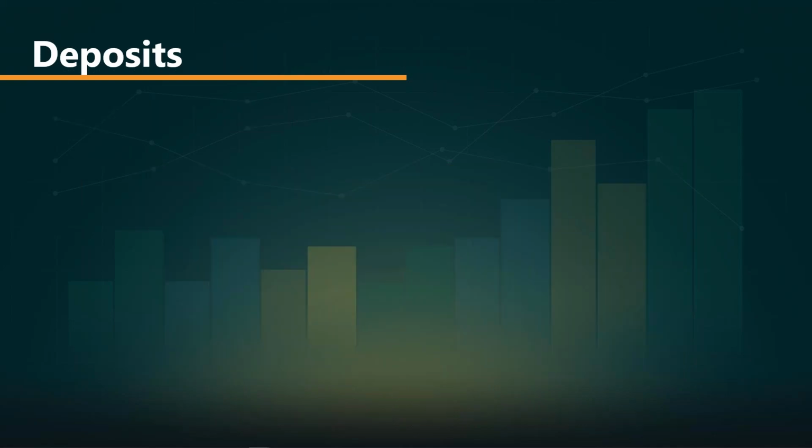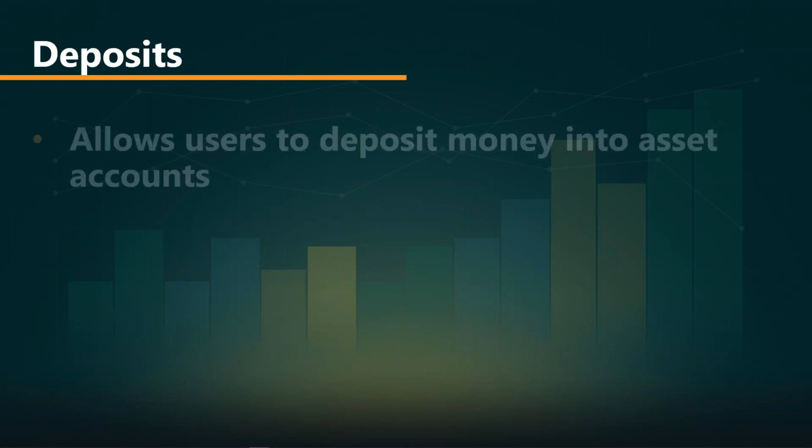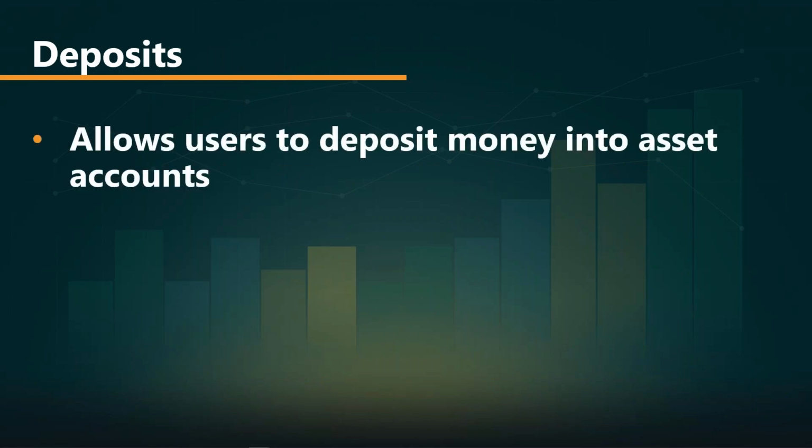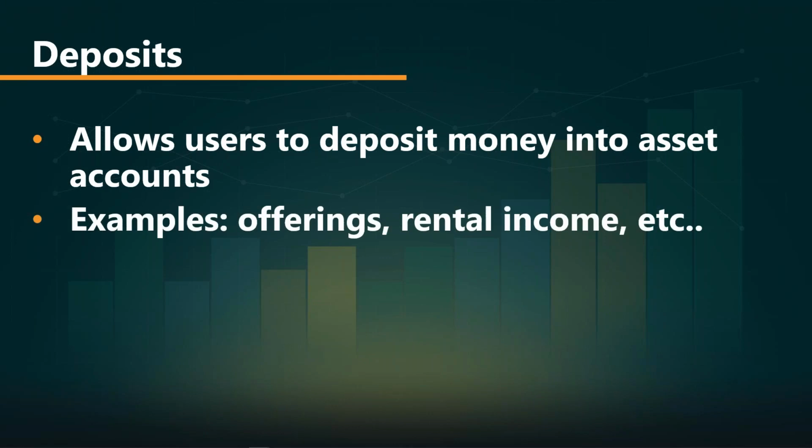So our first transaction that I'll be going over is our deposits. So, very basic. It's just what you deposit into your asset accounts. And this can include your offerings, any sort of rental income, just anything that you earn and you're adding onto your bank account.